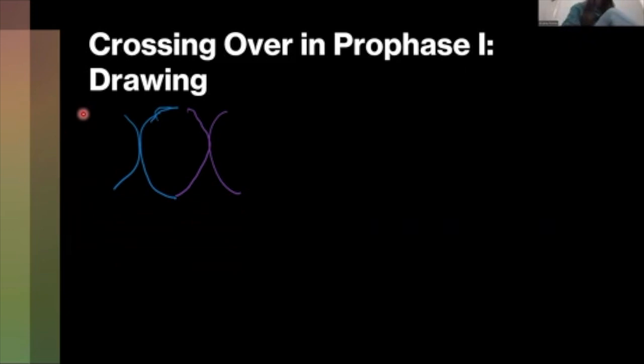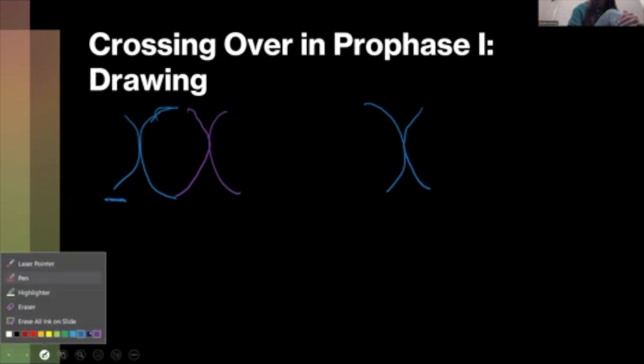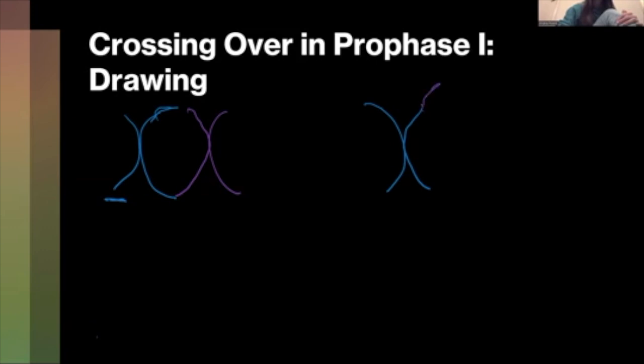So these guys that are talking and introducing themselves, you can imagine they're shaking hands, exchanging names, and they're going to exchange some information. So after crossing over happens, this is what it's going to look like. Your chromosome right here on the outside remains exactly the same because it didn't shake hands with anybody. But the one in the middle that did shake hands is going to keep a little piece of that other chromosome.